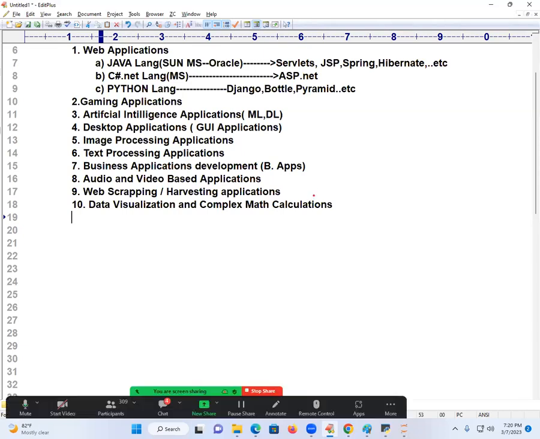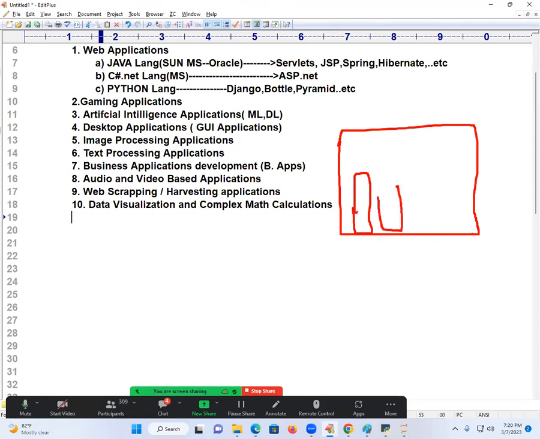A parent goes to the school and takes the first report: first unit test, second unit test, quarterly, half yearly and annual, and this is the graph. And immediately the parent will take the belt. This is called the belt concept here.